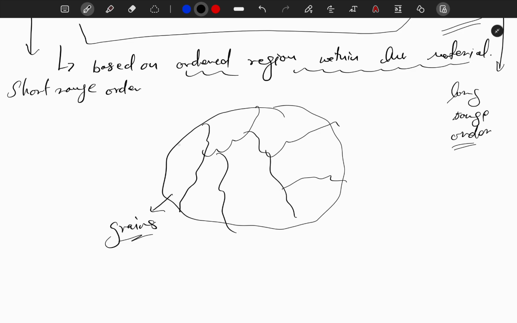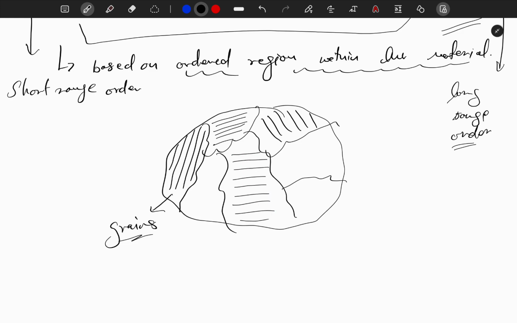For example, this region of space is highly ordered, this region will also be highly ordered, and also this region, like this.